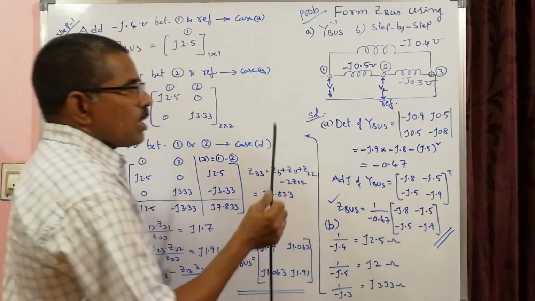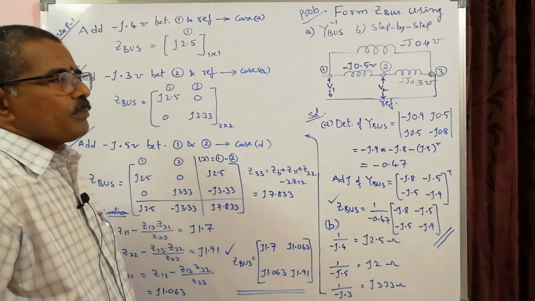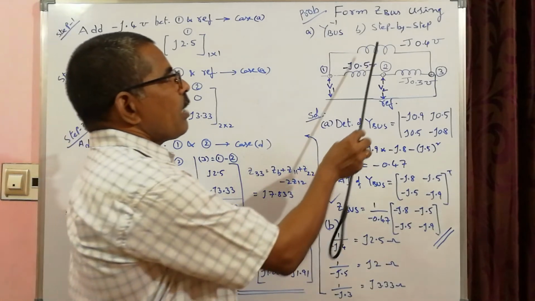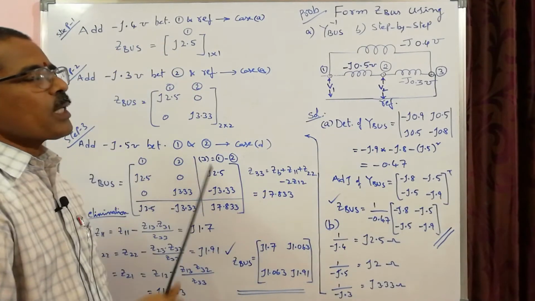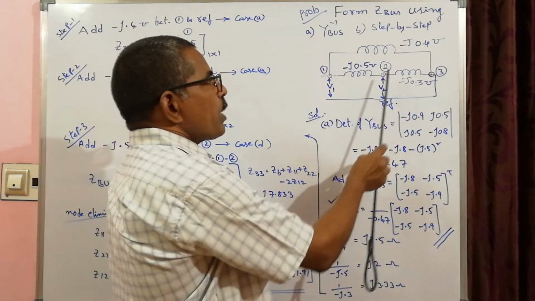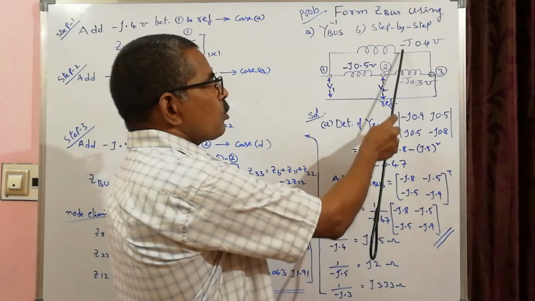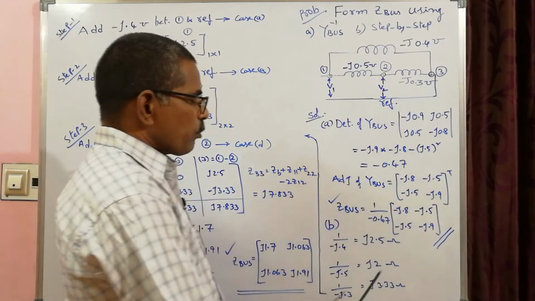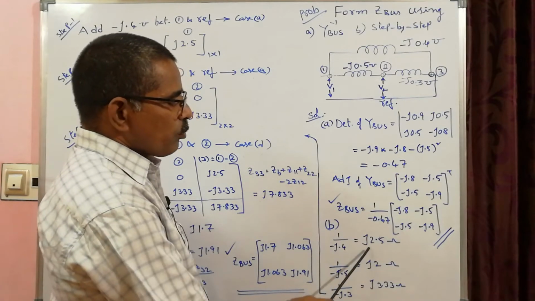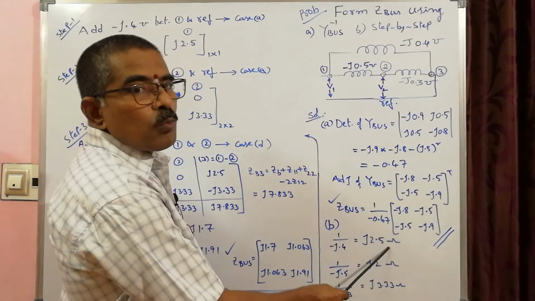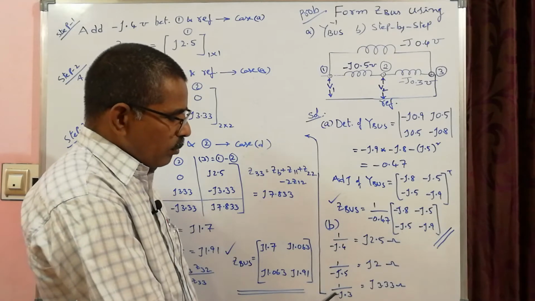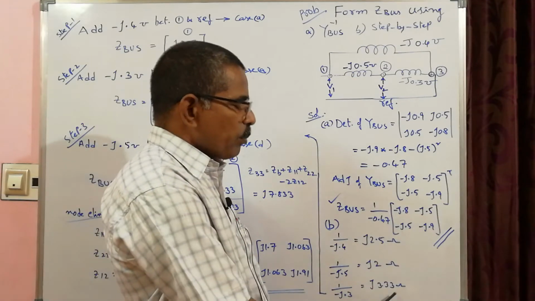This is the answer for this system using the first method. Second, for evaluating step by step, that is forming Z bus, you need to take impedance values. So, corresponding to the admittance values of minus J 0.3 mhos, minus J 0.4 mhos and minus J 0.5 mhos, if I take reciprocals, 1 by minus J 0.4 is J 2.5 ohms, 1 by minus J 0.5 is J 2, and 1 by minus J 0.3 is J 3.33 ohms.